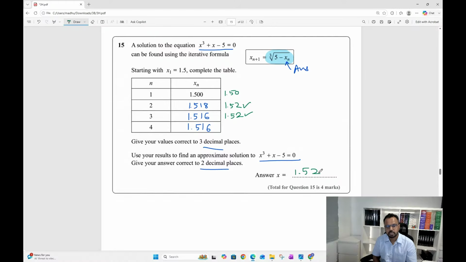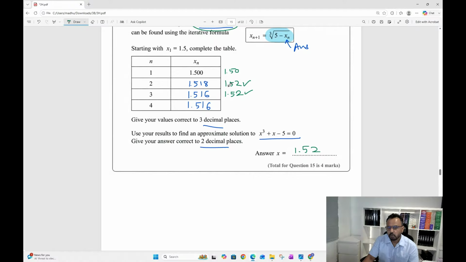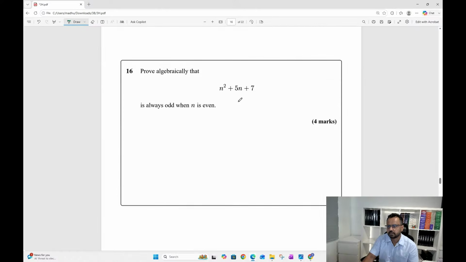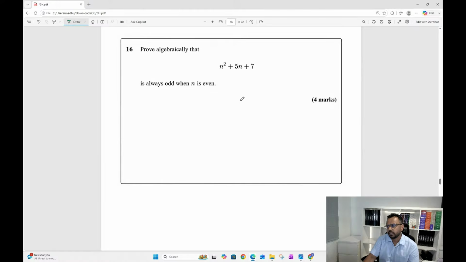Very likely, I would say, iteration. Sometimes they ask you to rearrange this to get that, which is pretty easy, isn't it? Just move the minus 5, just move the x and cube root it. Yeah? Good. One of the possible questions, I would say. Yeah, that's usually the common question you get. Right. Quite easy one again.